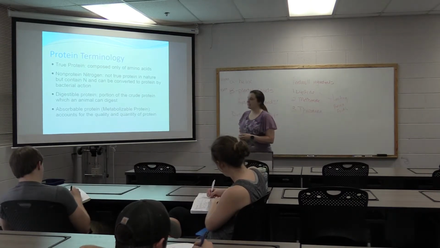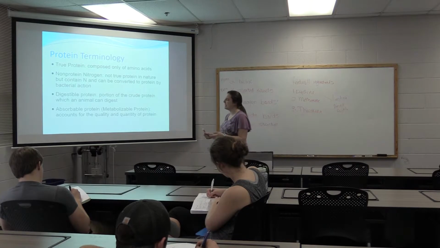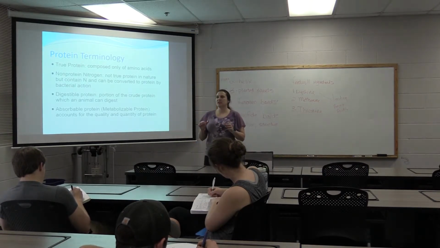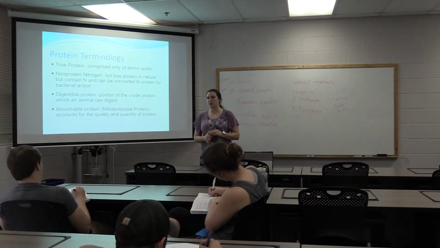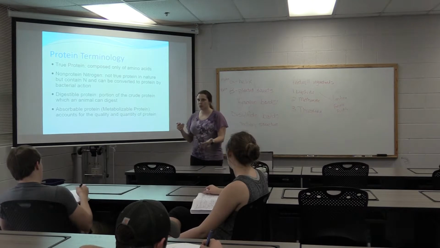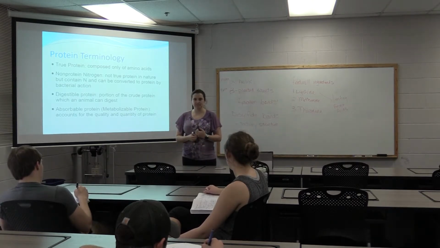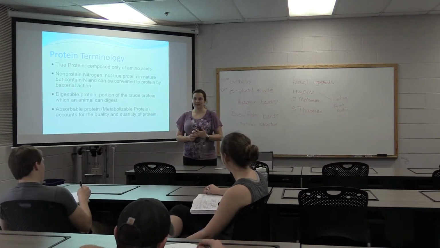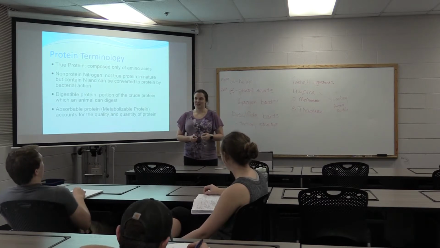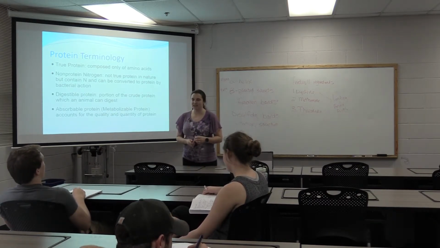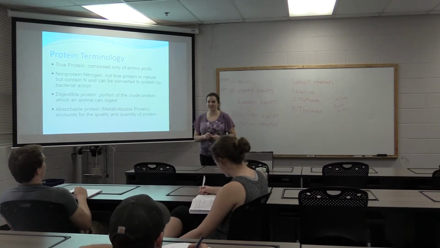So for your metabolizable protein, what do you think is going to be more metabolizable to, let's say, a chicken? Soybean meal or poultry byproduct? Soybean, because it's closer to what they normally eat, not what their body is. Do you have any thoughts? What's more utilized, easier to be utilized?